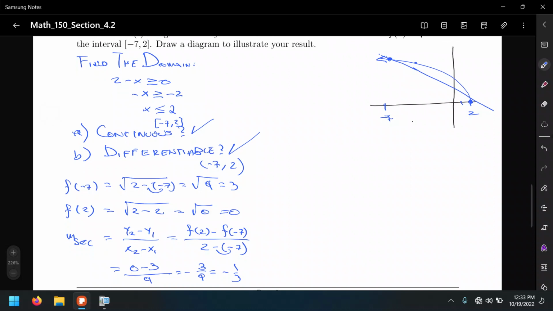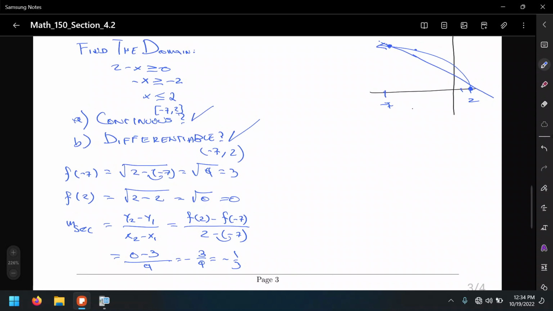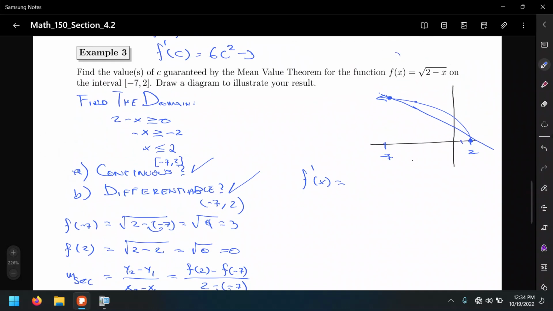Now, let's find the value in between -7 and 2 for which the tangent line will have the same slope. So we're going to take the derivative, f prime of x. Let's rewrite the function as f of x equals (2 minus x) to the 1/2 and do a mini chain rule: 1/2 times (2 minus x) to the negative 1/2 times the derivative of 2 minus x.